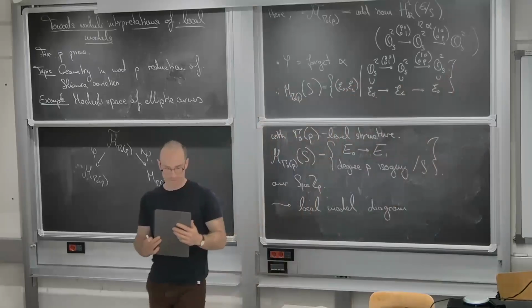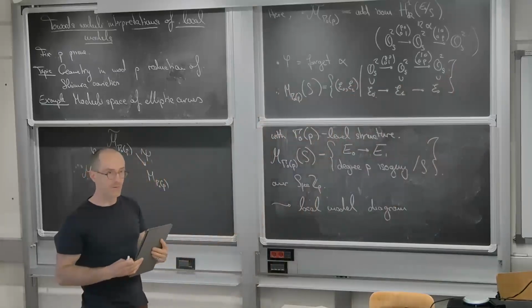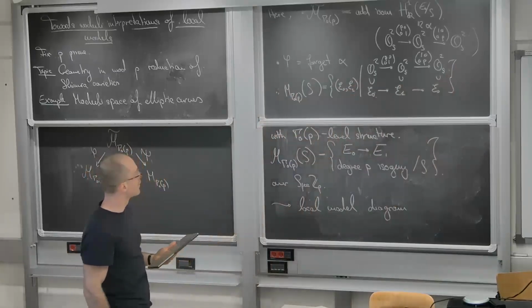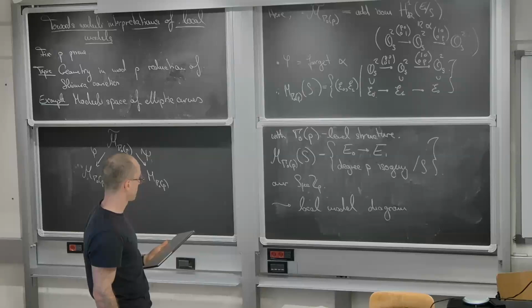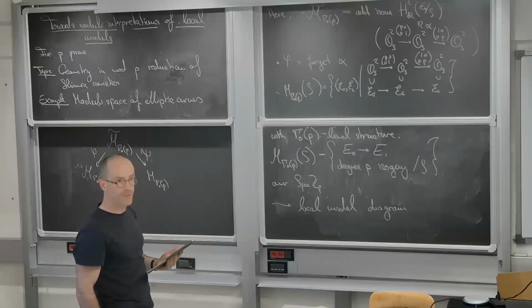Okay. I mean, usually these are coarse moduli spaces for elliptic curves equipped with, say, a generator of a cyclic subgroup, or just a subgroup of rank one, of the p-torsion.